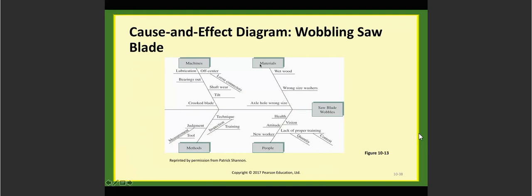Then you look at materials. Why is it? Maybe because the wood is wet. The axle hole is on the wrong side, washers, size of washers. See? In machine, maybe the blade is crooked or tilted, shaft wear, bearing out. There's no lubrication, off center, or there are loose connectors.